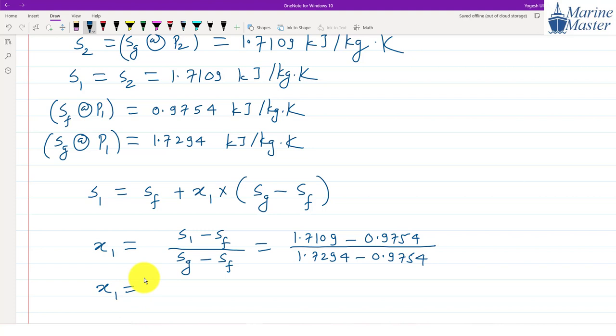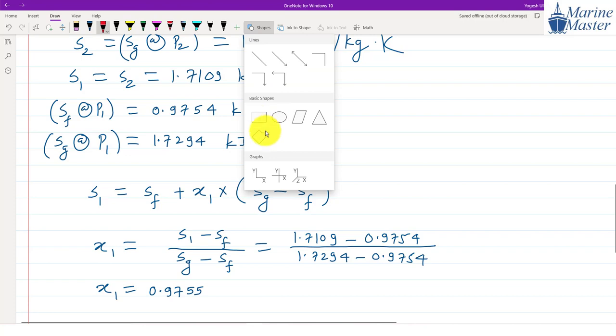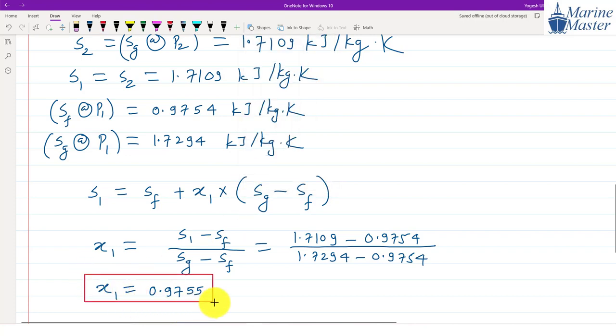So 1.7109 minus 0.9754 divided by 1.7294 minus 0.9754. If you do the calculation, the dryness fraction of point 1 we are getting is 0.9755, guys.